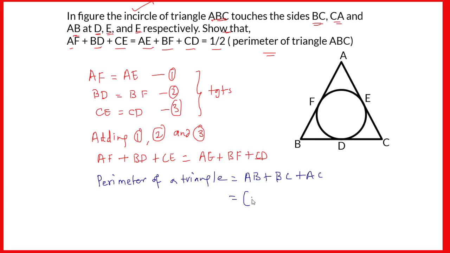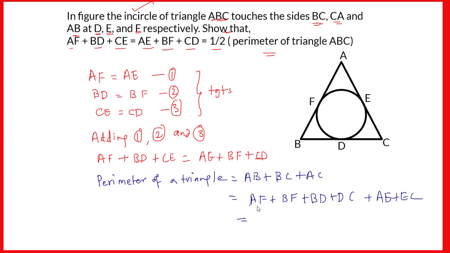So we can write AB as AF plus BF. Similarly, BC is BD plus DC. Plus here AC, that can be written as AE plus EC.